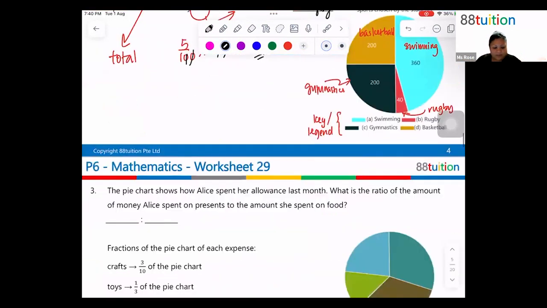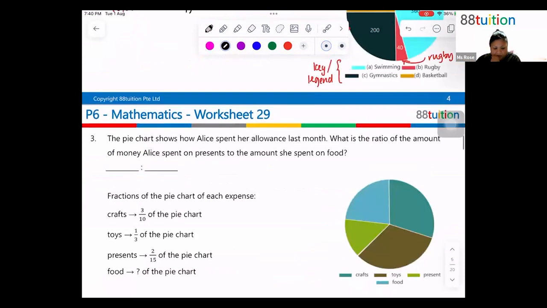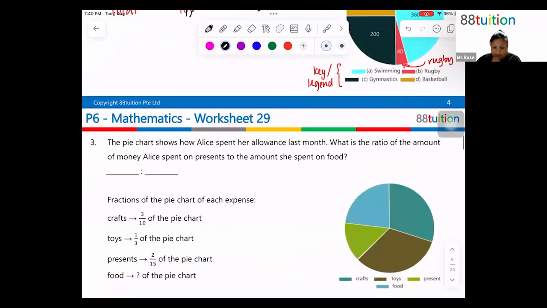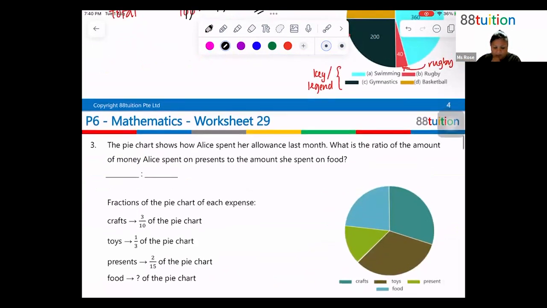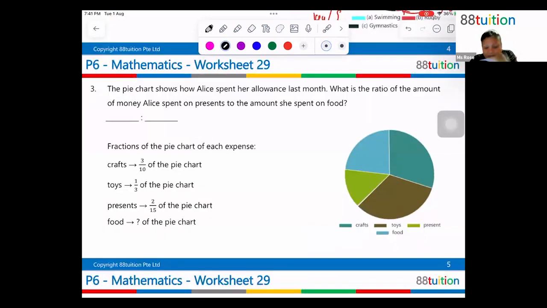Now, question number 3. The pie chart shows how Alice spent her money last month. Okay, so it is good to actually write down what is given.